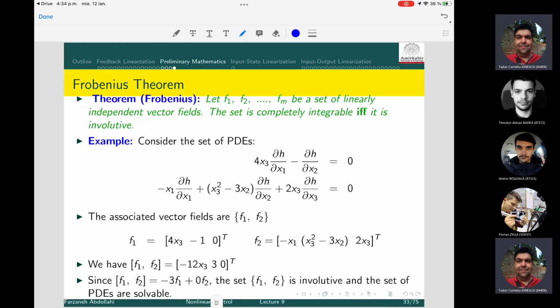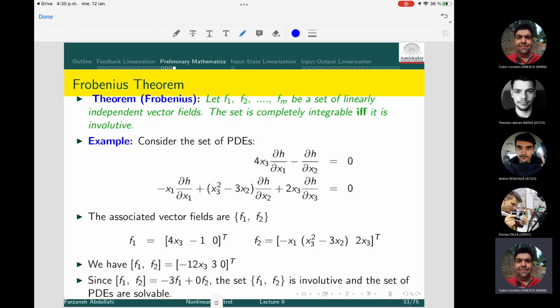And the theorem of Frobenius states that if you have f1 up to fm, a set of linearly independent vector fields, the set is completely integrable if and only if it's involutive. And we have a set of PDEs, look here, two PDEs. The associated vector fields are f1 and f2. f1 is this one and f2 is this one.